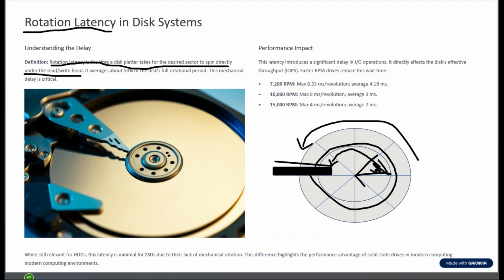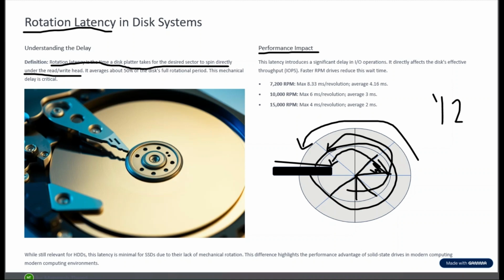My data could be present here, here, or somewhere here. I don't know. So we don't know how much time it would take to rotate to the correct head position. So we generally consider it as 1 by 2 of the rotation time. Whatever the rotation time of the disk is, we consider the rotational latency to be half of it as an average. So what is the impact of rotational latency on the disk?